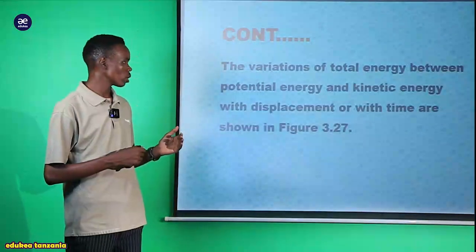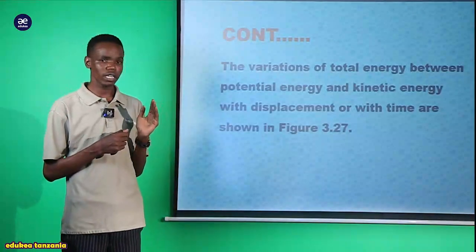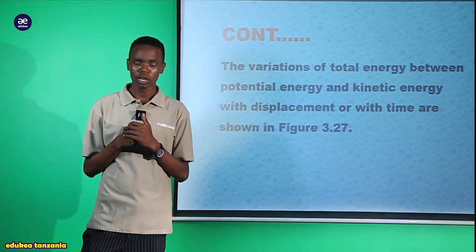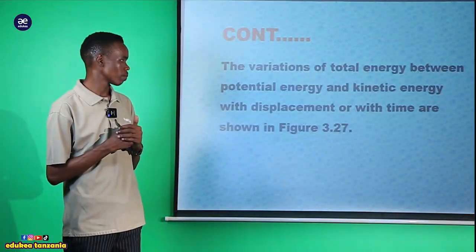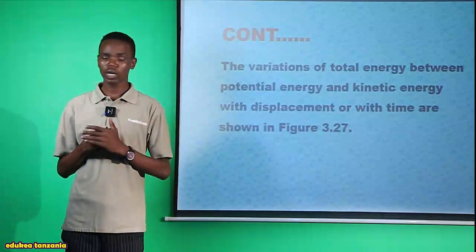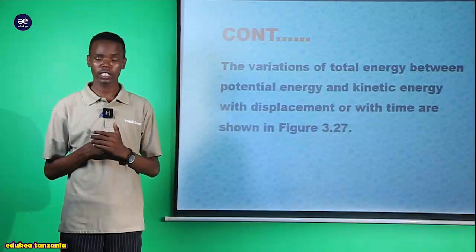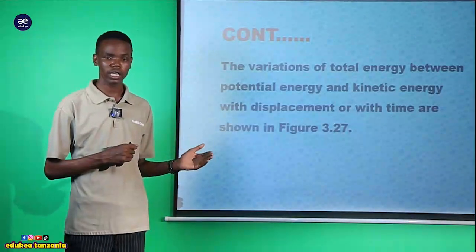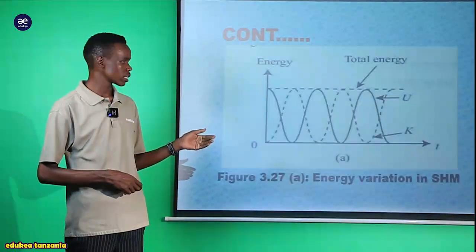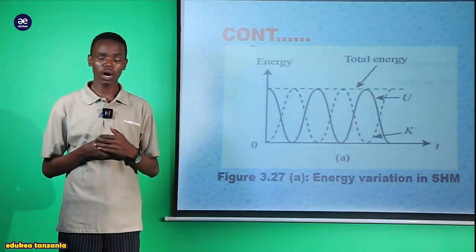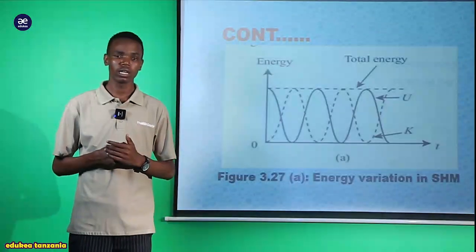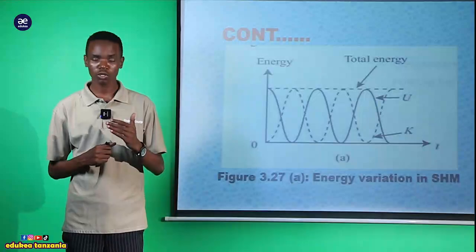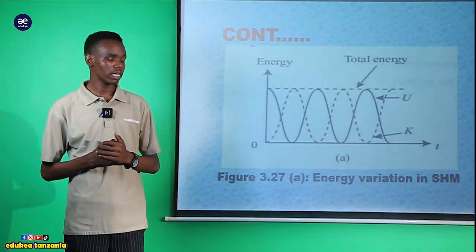Now how can we get the variation? You will be asked to use the diagram to show the total energy, the kinetic energy and finally the potential energy. We should use this figure, which expresses how we can sketch the diagram representing the total energy, the diagram representing the potential energy, and the diagram representing the kinetic energy.